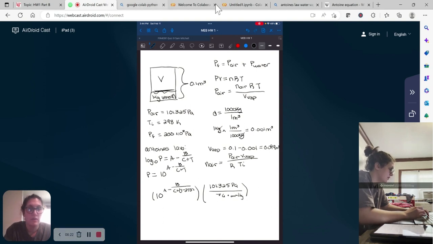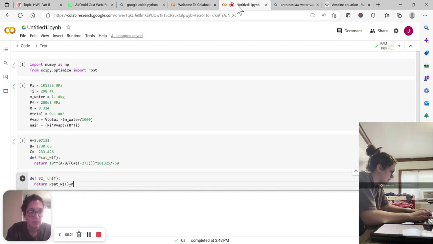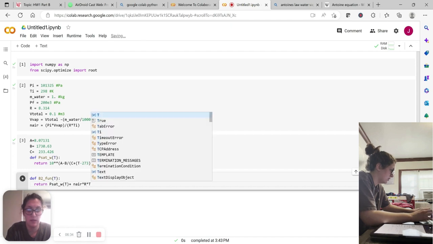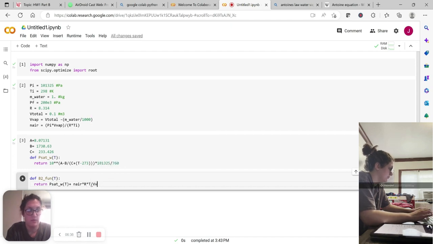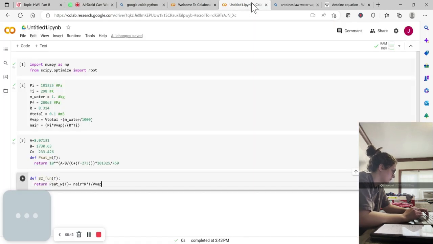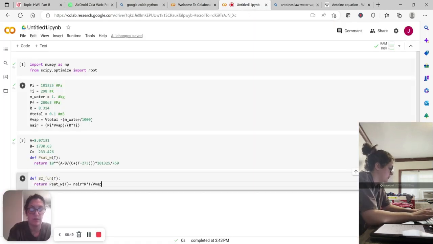So that was moles of air times R times T all over the volume of the vapor. Double check that I typed that in right. Perfect. And then we are going to subtract that final pressure.